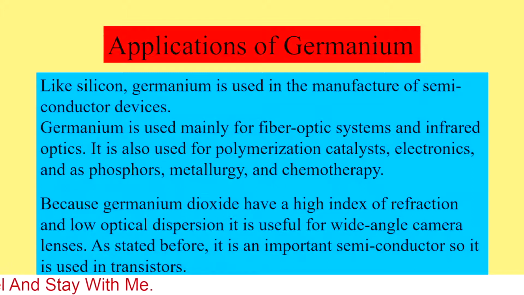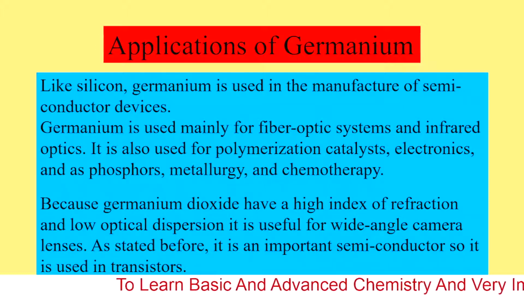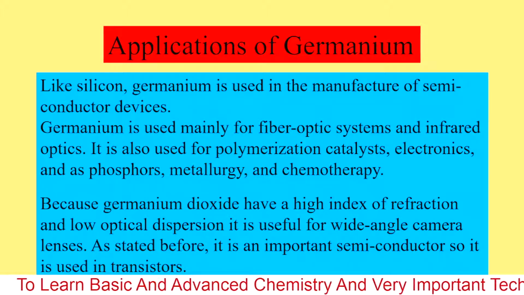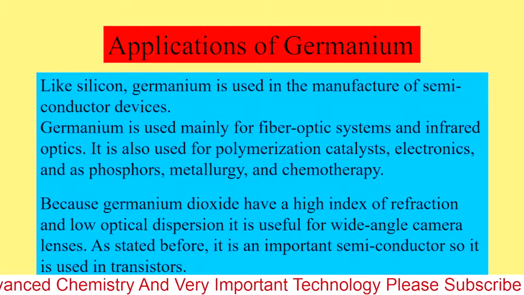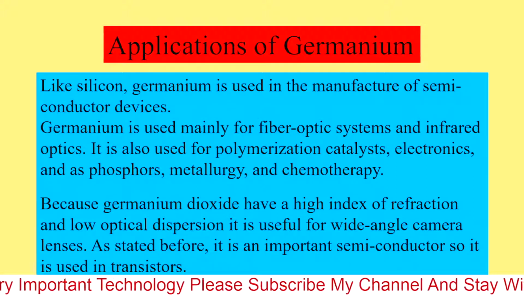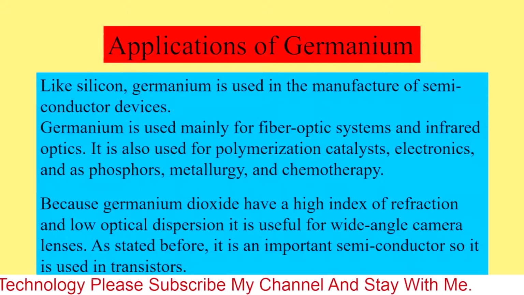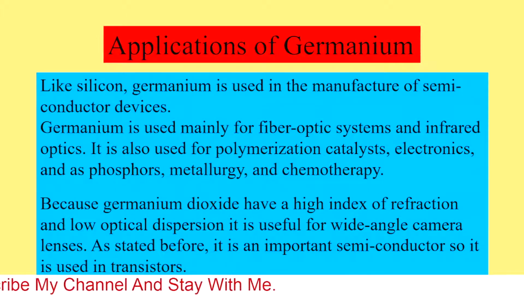As I already mentioned, the availability of germanium is very low; if we organize the elements according to their abundance, it is in the bottom three, in the third position from the bottom. So it is a very rare element in the earth's crust, and though it can be used, being very expensive we cannot use it much.